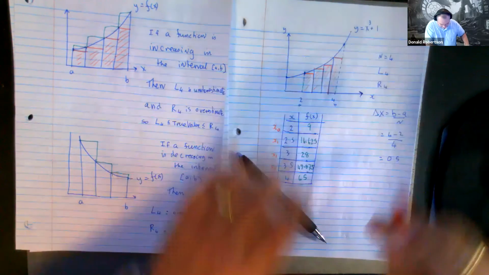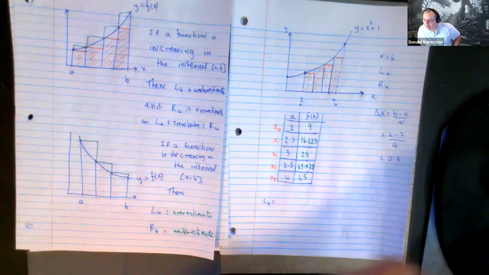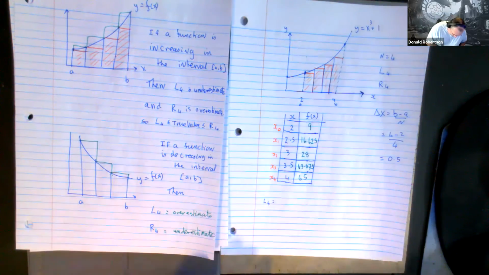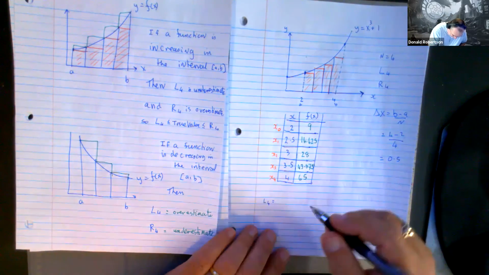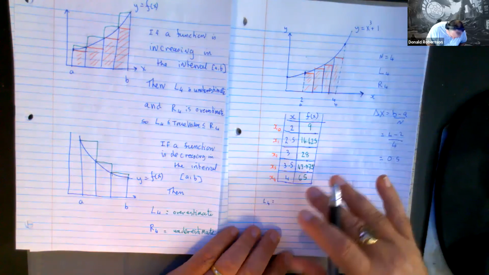Can we see just visually that L4 is definitely an underestimate, which we could have figured out because of what I said earlier, increasing function. L4 is an underestimate.